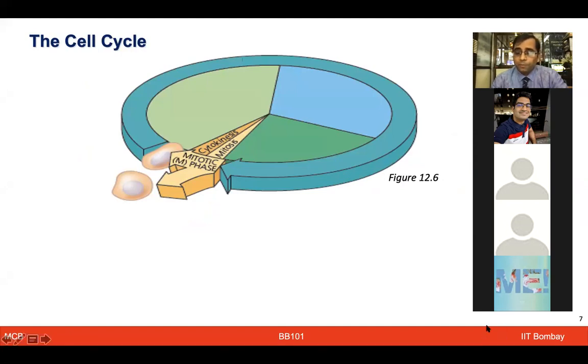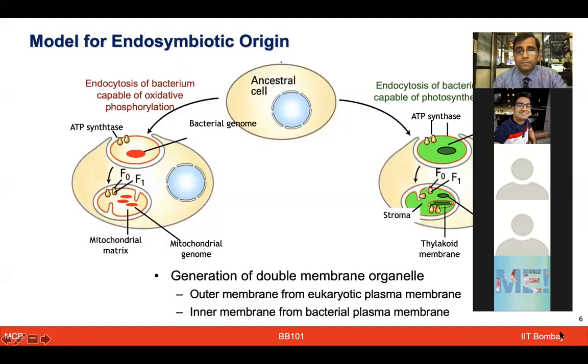So there are different types of bacteria which probably would have come in touch with the cell. The one which has the ability to do oxidative phosphorylation or aerobic activity, which is required for the mitochondria to develop eventually.